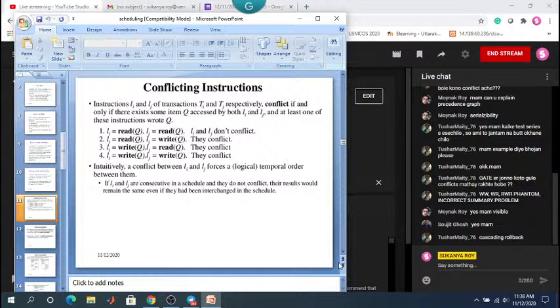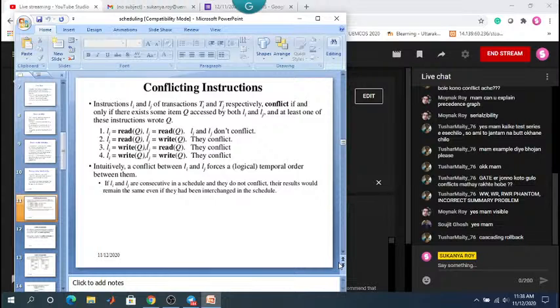Let's see the examples. First, if Li of Ti, meaning instruction i of transaction i, does read Q and Lj also does read Q, both are reading the same data, so no conflict will happen. But if one reads Q and the other writes Q, then the conflict will happen.